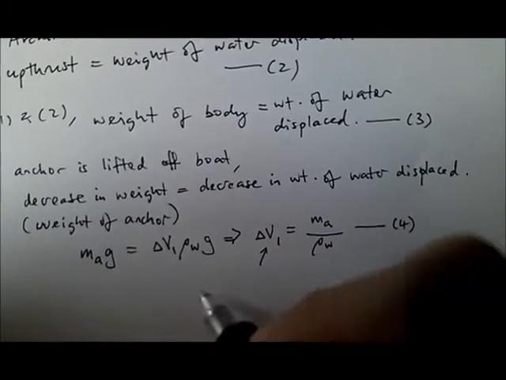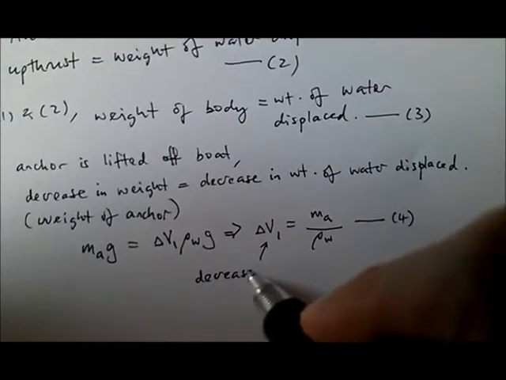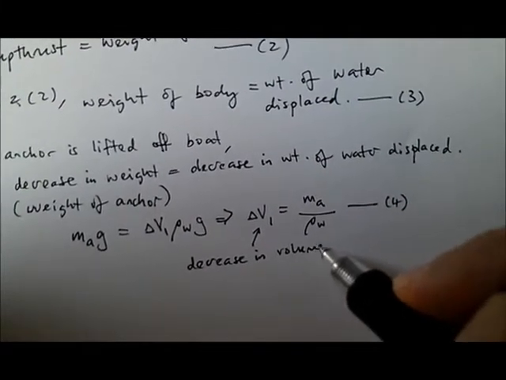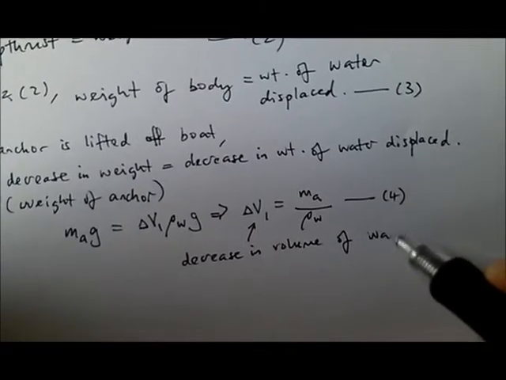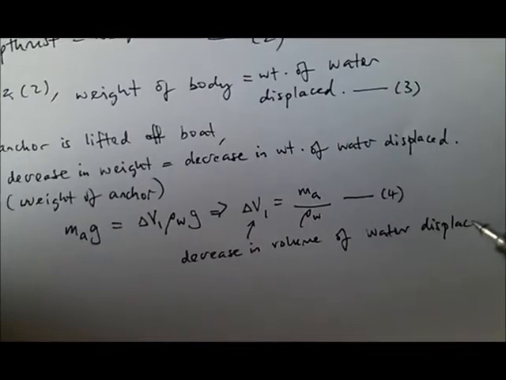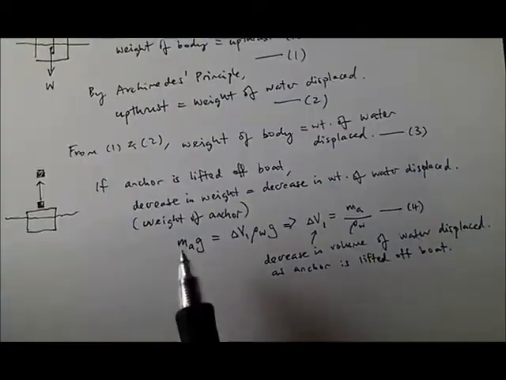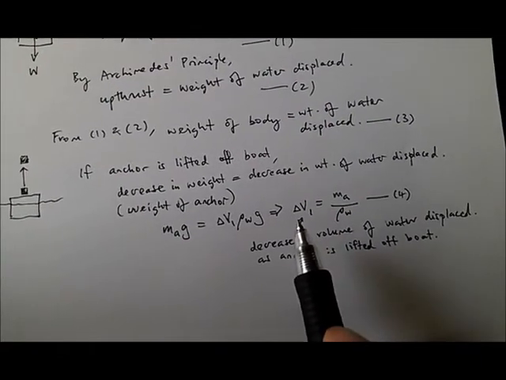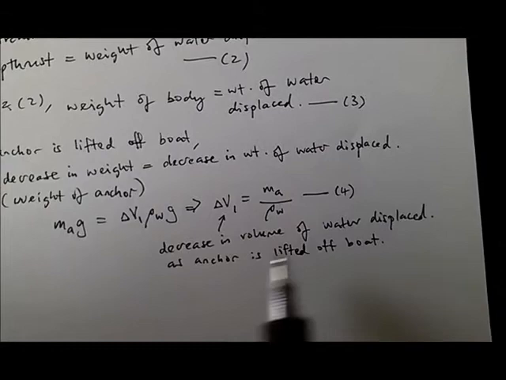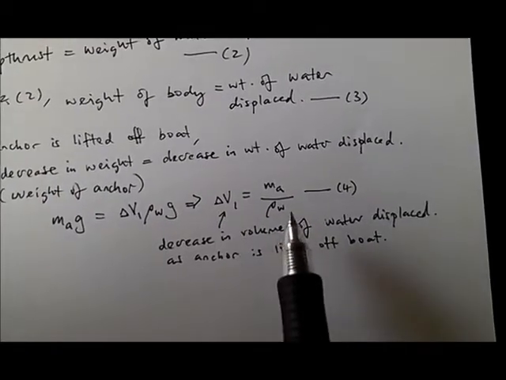And this is of course the decrease in the volume of water displaced by the system. We have managed to find an expression for the decrease in the volume of the water displaced as the anchor is lifted off the boat, and we call that delta V1.